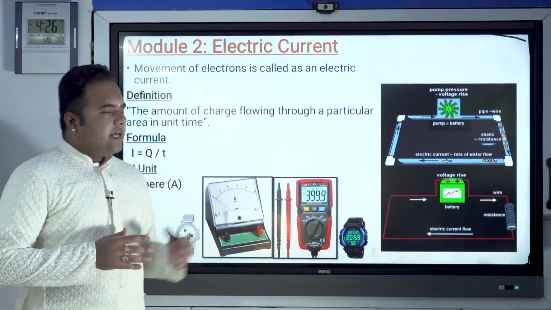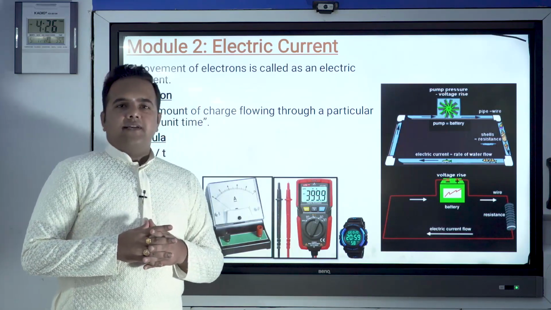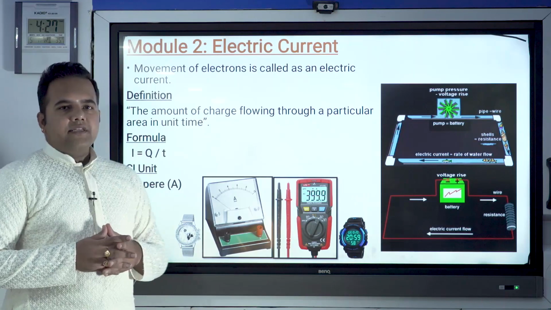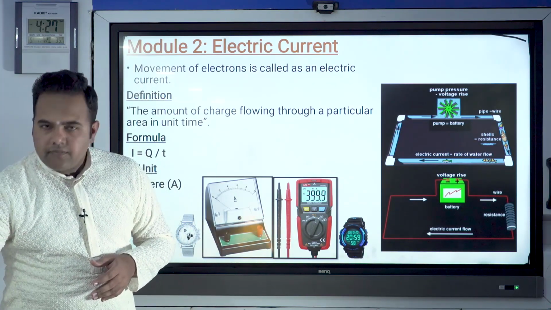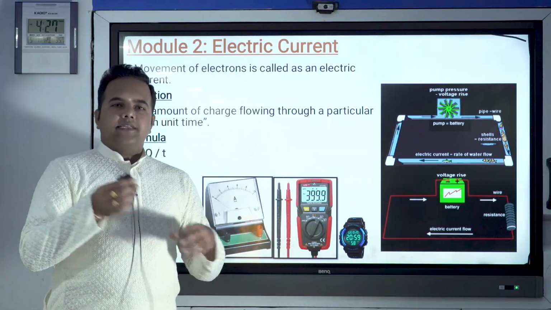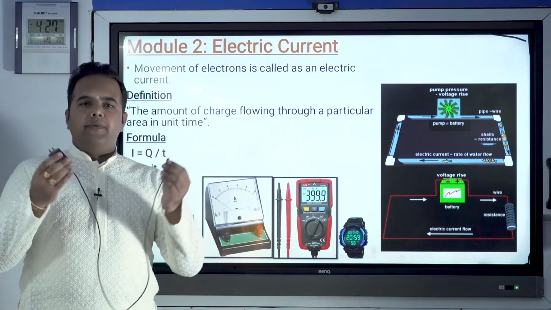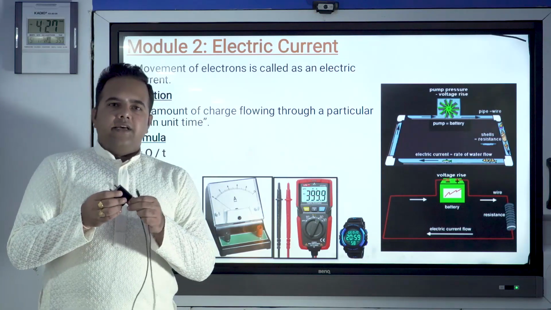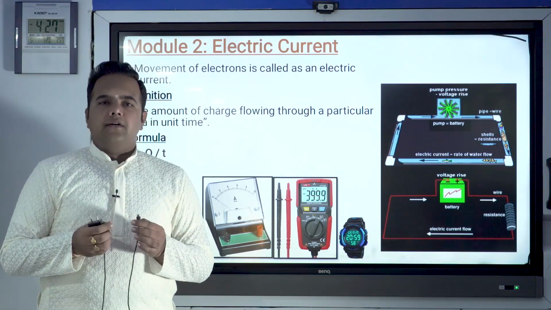Okay, let's have a look at this picture. This clearly shows us how electric current flows in any given circuit. Let's take an example. All of us are aware of what this is. I've got a mobile charger, and there is a USB cable here, and this is connected to the adapter.